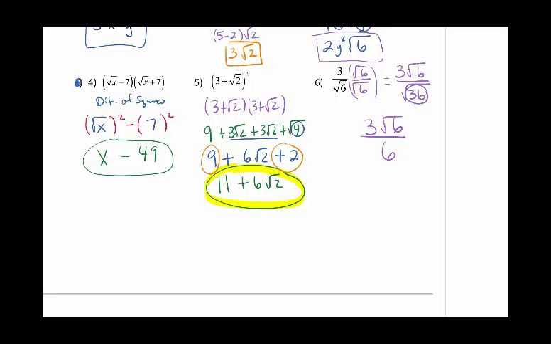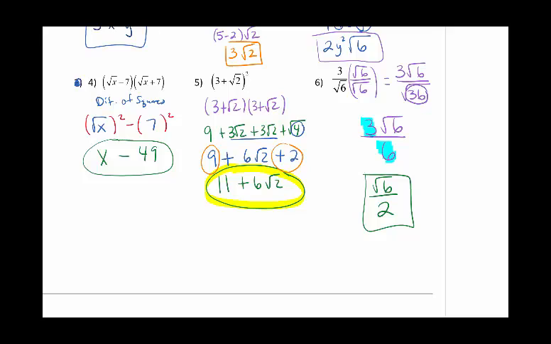This is where you now need to be careful because this 3 is on the outside and this 6 is on the outside. So I can simplify those. 3 goes into 6. It leaves me with a 2. I cannot reduce the radical 6 and a 2 because radical 6 has a radical over it. 2 does not.